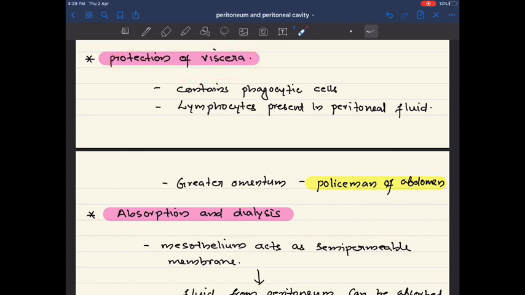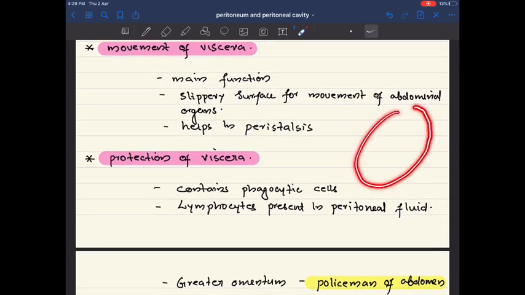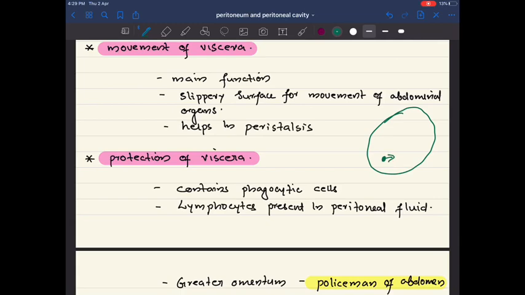The other mechanism by which peritoneum helps in protection is, have you heard about the policeman of the abdomen? Suppose this is your abdomen and you have an infection here, for example appendicitis, and the appendix got ruptured. What does the greater omentum do? What is the greater omentum?